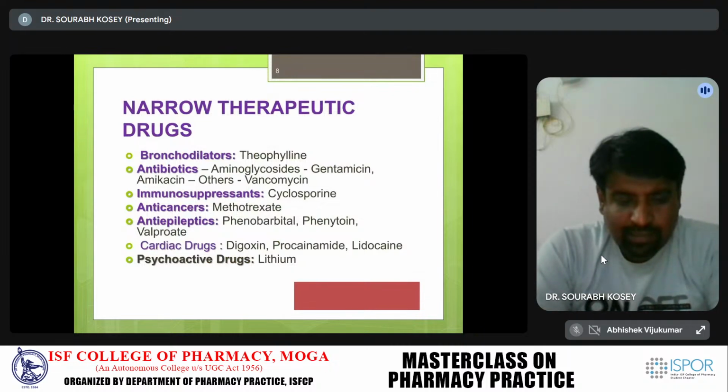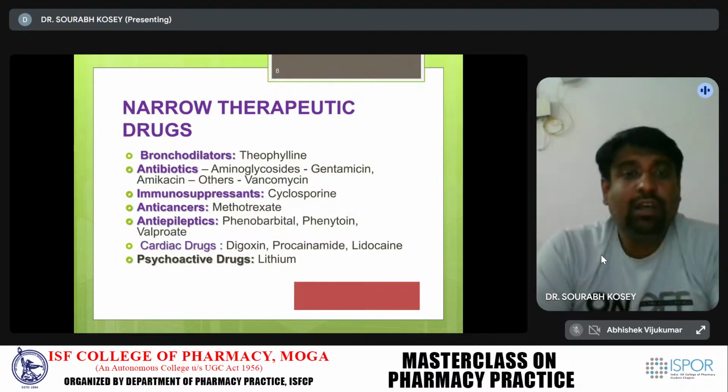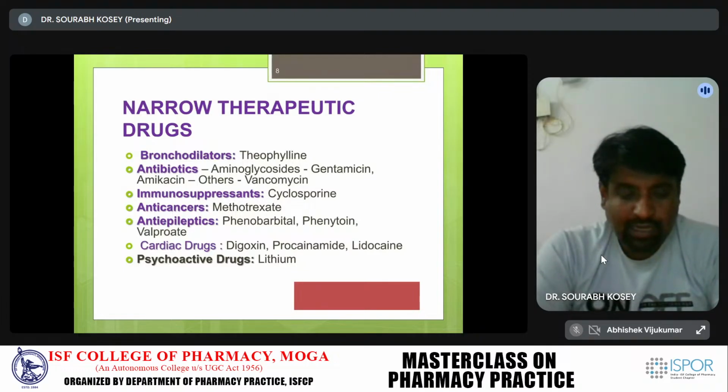These are the examples where you will understand that at a particular set of action you have to see that you are looking for the molecular pathways, and in this molecular pathway the theophylline, gentamicin, amikacin, vancomycin, which are in the list, are likely to have concern with this activity.